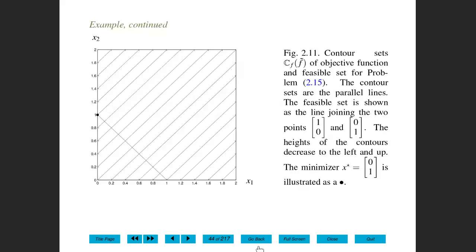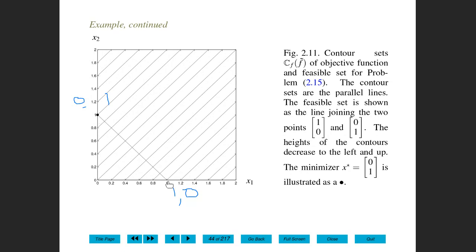This point is something like (0, 1) and this point is (1, 0). This is the line for g of x, and the others are the contours of the function. So either your minimizer would be here, or it would be here.